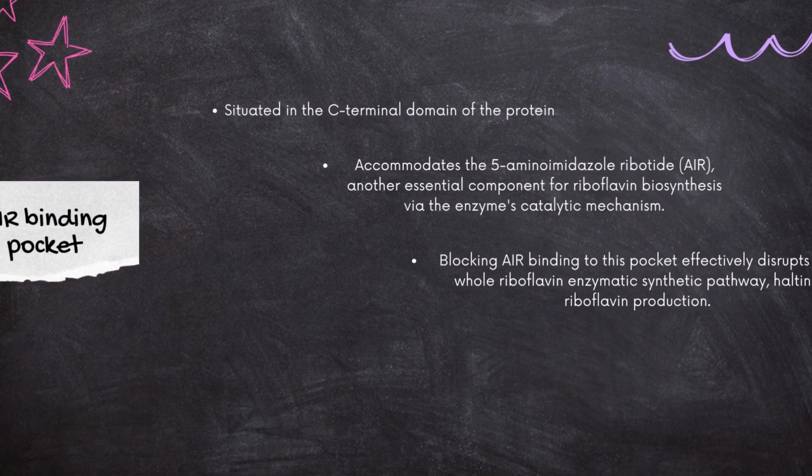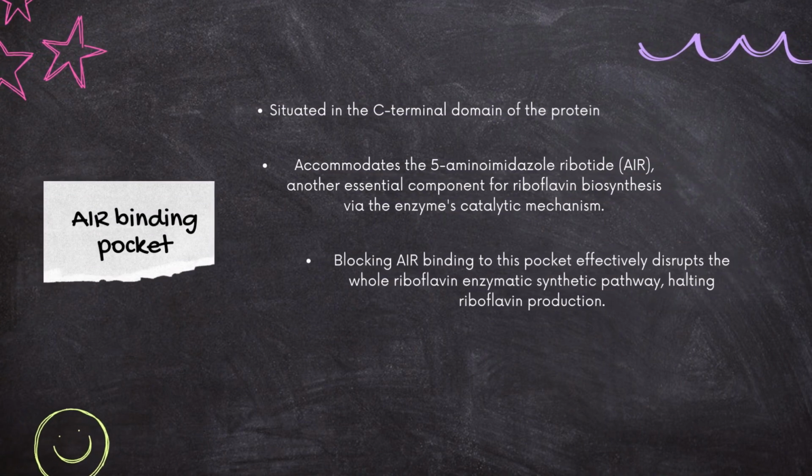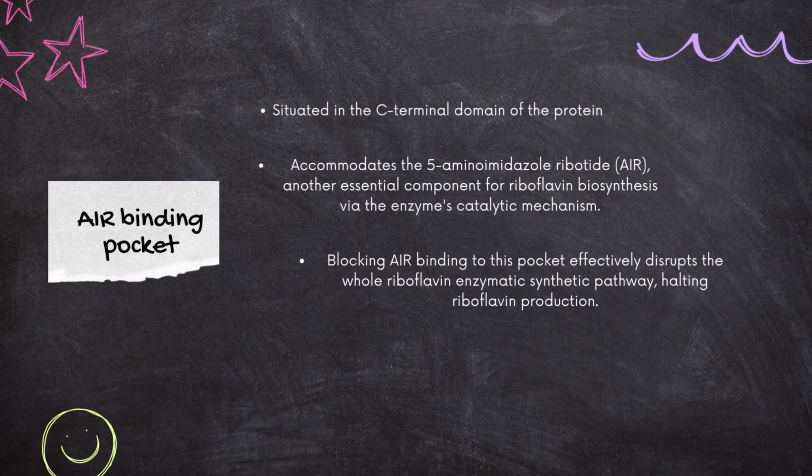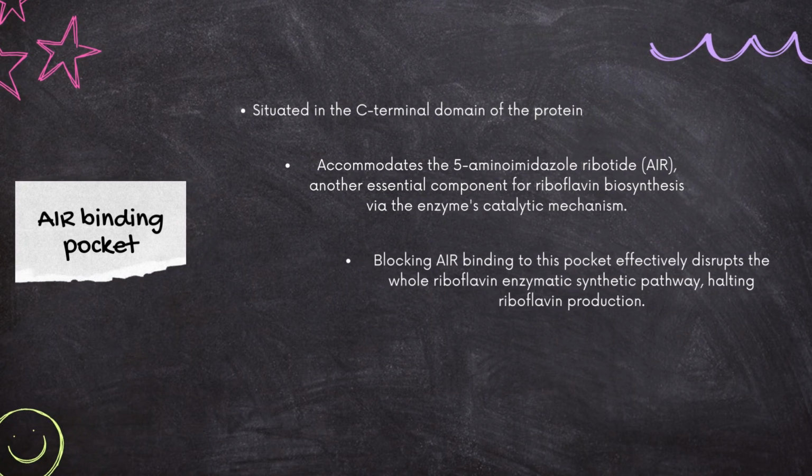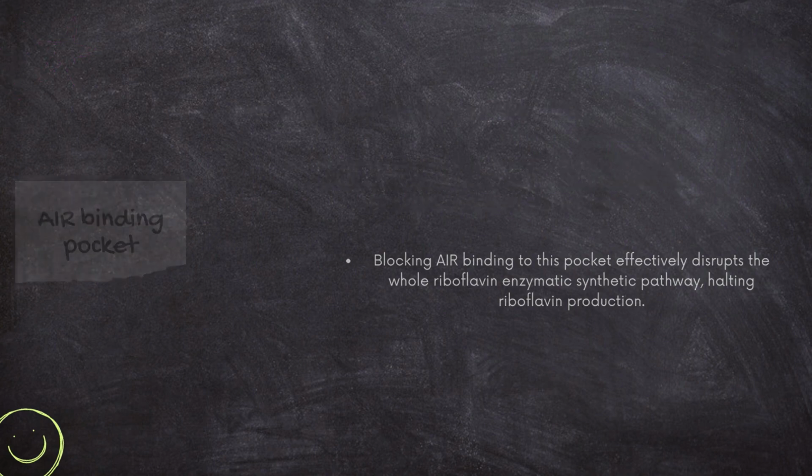The AIR binding pocket is the binding site located at the C-terminal domain of the protein that accommodates the AIR, which is 5-amino-imidazole ribotide, another essential component for riboflavin biosynthesis via the enzyme's catalytic mechanism. The whole riboflavin enzymatic synthetic pathway can be halted by blocking the AIR from binding to this binding site via ligand binding.